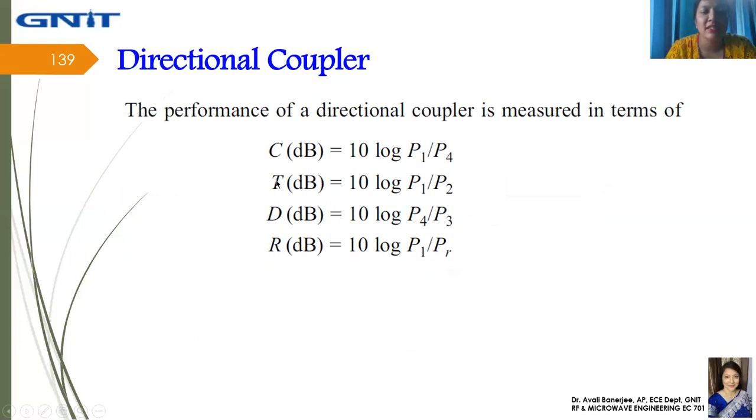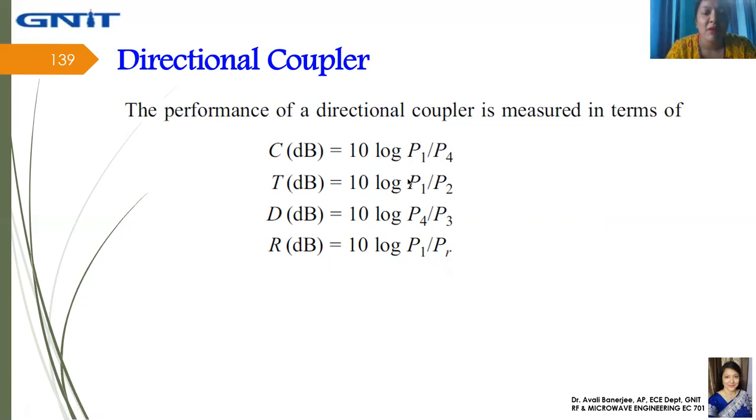T is the transmission loss, equal to 10 log P1 by P2, and D is the directivity, equal to 10 log P4 by P3. R is the return loss, equal to 10 log P1 by PR. These are the measurements of performance of a directional coupler.